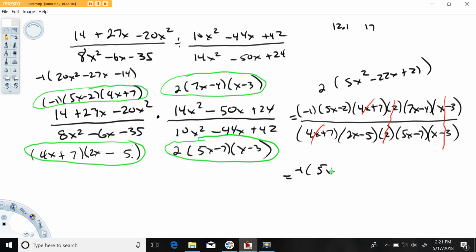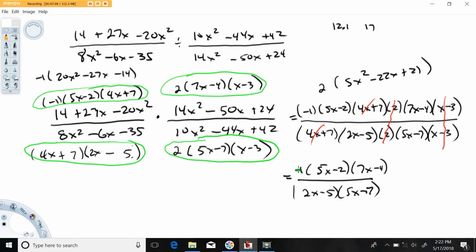That was a 5x minus 2, I believe. These are gone. 7x minus 4 in the top. In the bottom, 2x minus 5, and 5x minus 7 also in the bottom.